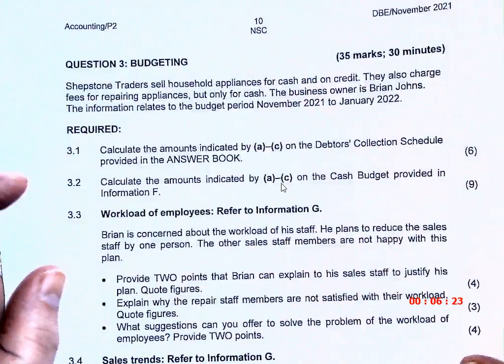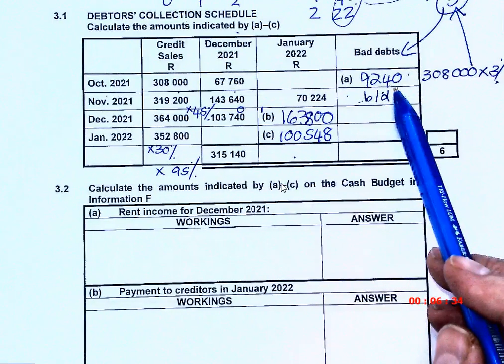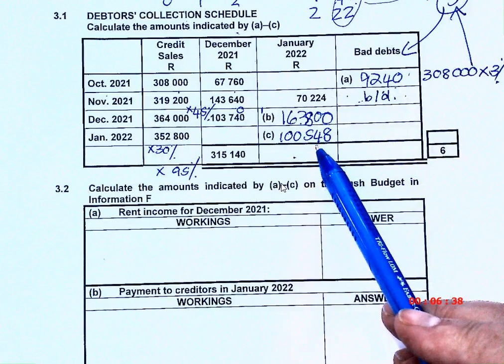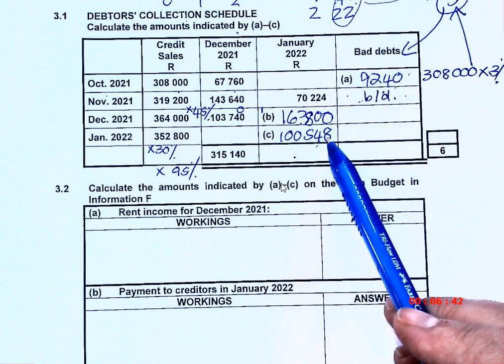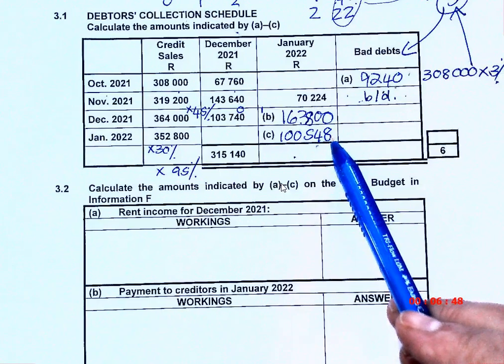Why are the answers not matching? One of them I was able to remove. Which one? The 9240? All of them. I remember when we were marking this, there was something different.